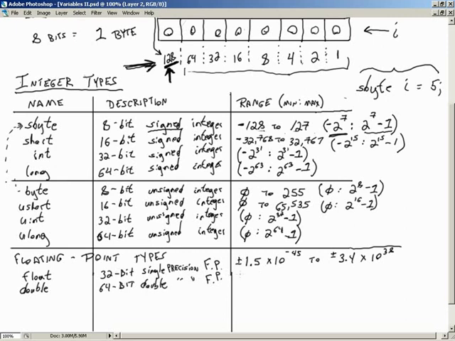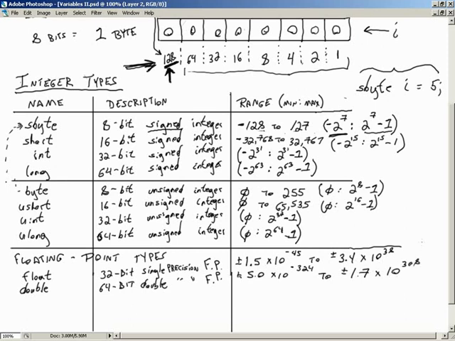And we're going to be dealing with approximately 5.0 times 10 to the negative, prepare yourself here, ladies and gentlemen, 324th power to approximately 1.7 times 10 to the 308th power.